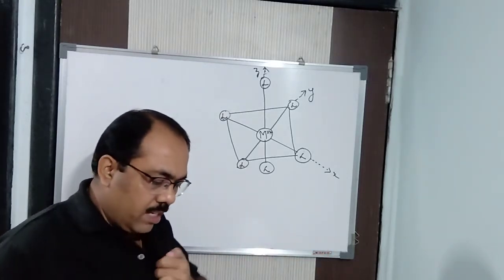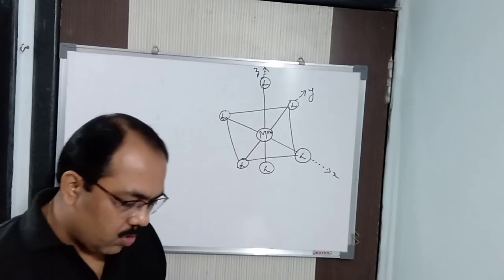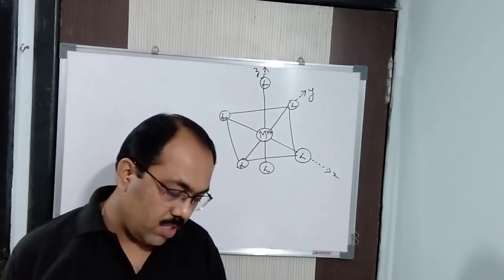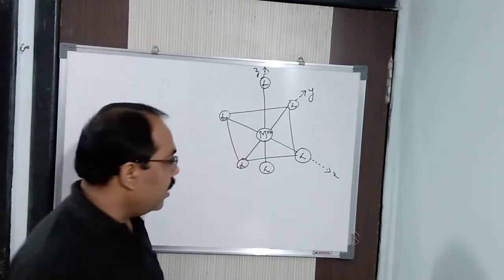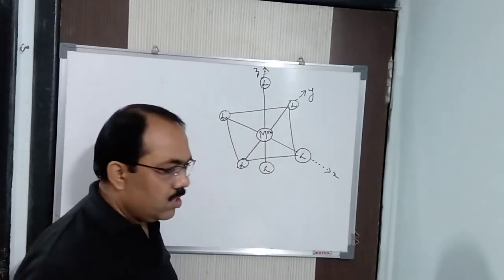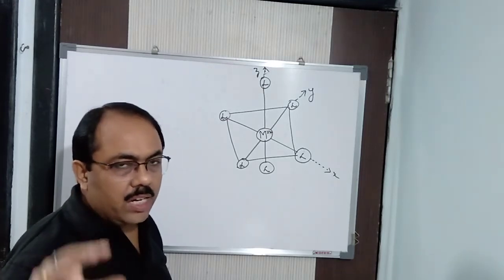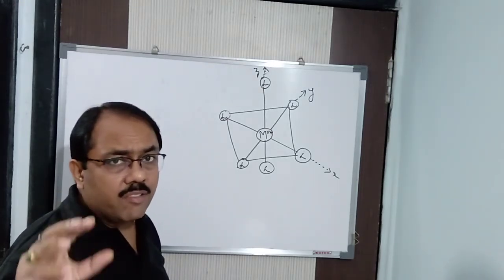The ligands approach in the axial directions, got it? In the x, y and z axes, as you can see there, of the metal ion. So dx²-y² and dz², the vacant orbitals, suffer more repulsion.